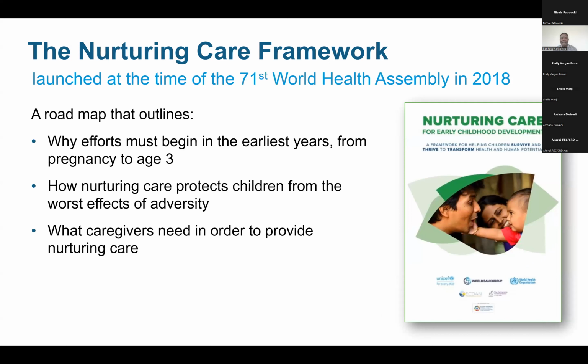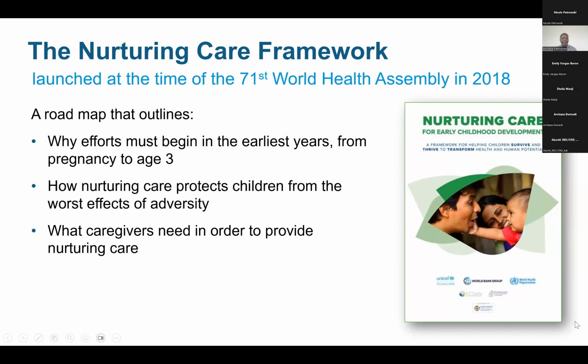And I'm underlining pregnancy because sometimes we take it that it is from birth, but the framework pushes us back to pregnancy. So, pregnancy to age 3. And also how nurturing care protects children from the worst effects of adversity. That's also outlined in the framework. And what caregivers need in order to provide nurturing care. That's critical because if caregivers are not fully supported, they may not provide the nurturing care that we require.